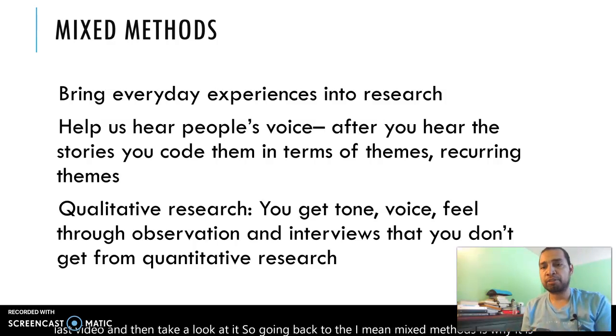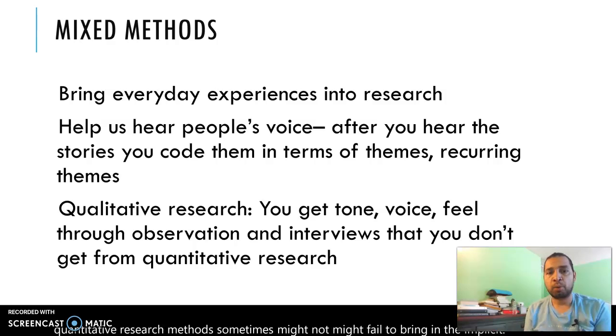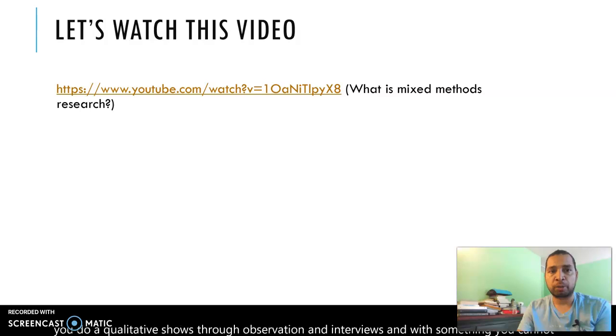Quantitative research methods sometimes fail to bring in the implicit information, like tacit information, but qualitative research will bring that information into play. For example, the voice, the tone, how a person speaks, and everything that comes when you do qualitative research through observation and interviews, which you cannot find through a quantitative research method.